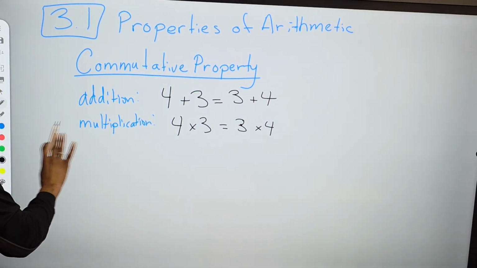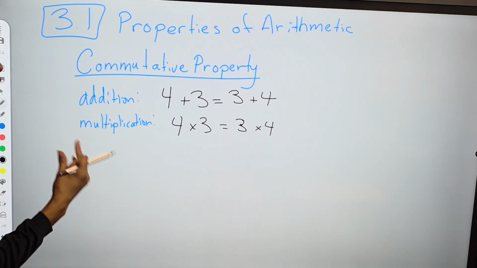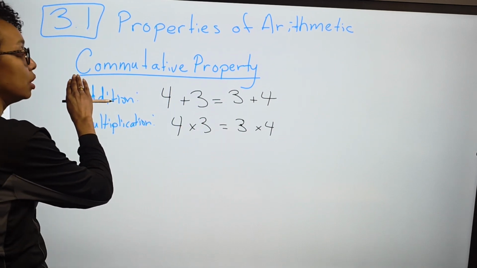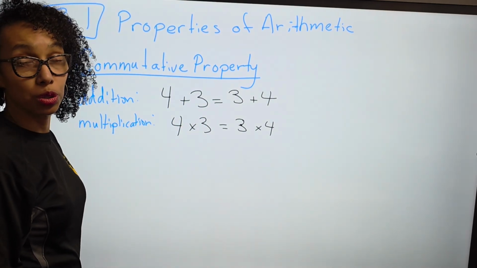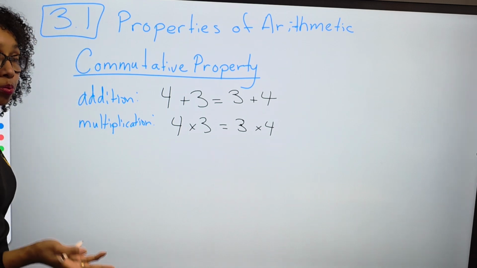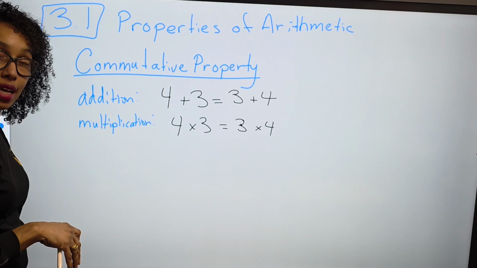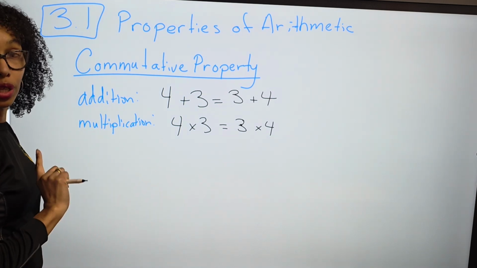That's the commutative property. Now, one of the ways that I keep this in my mind to connect the idea of switching the order and the name commutative, it reminds me of commuting back and forth to work. Like if you work in one town, but you live in a different town, then you travel back and forth. That's called commuting, right?